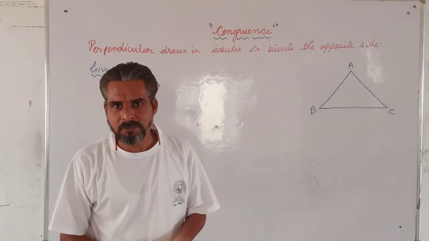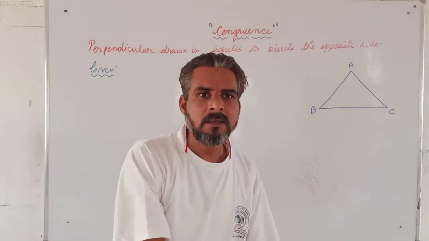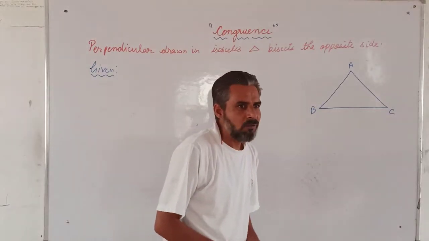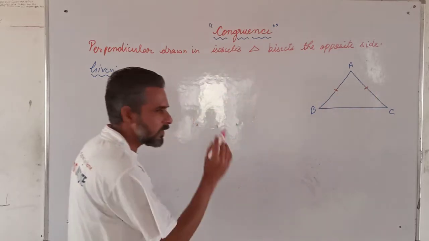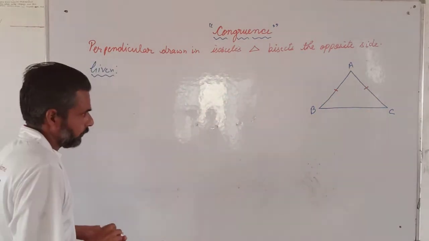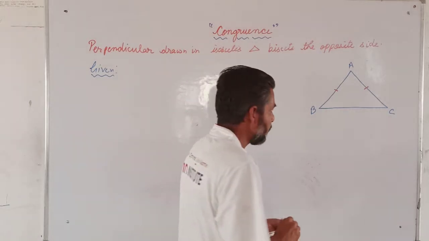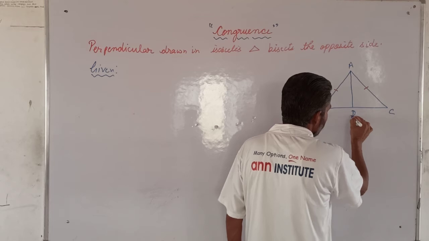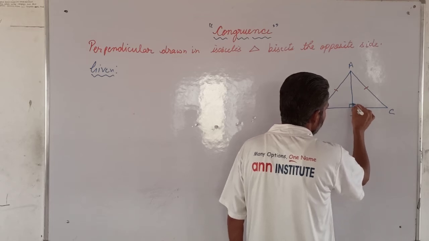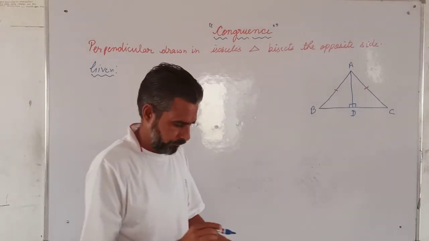What are the properties of the isosceles triangle? In the isosceles triangle, two sides are equal. Suppose here AB equals AC. And this is also given that AD is the perpendicular.